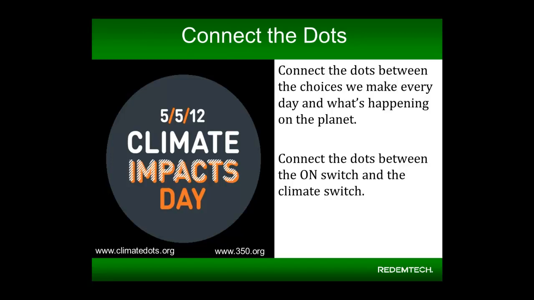Well, it's my feeling that connecting the dots is not just about climate change, it's connecting the dots between turning that electrical switch on and how that's impacting the climate, because we don't really necessarily see the consequences of our actions. We turn things on and we're sort of cut off from their consequences.